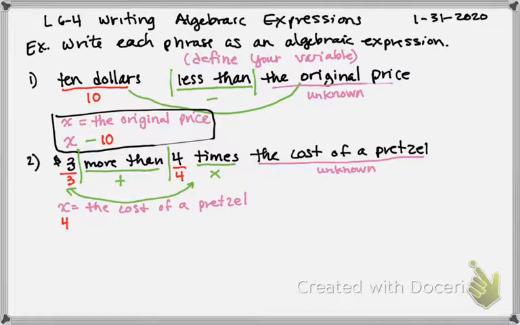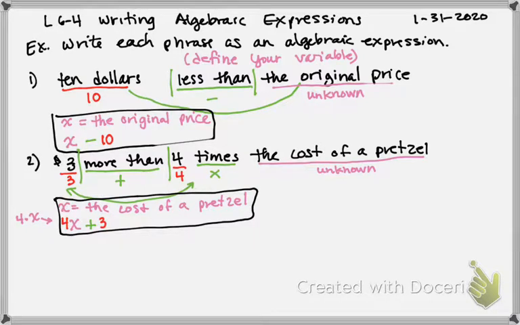When I multiply a number and a variable, I just smush that variable right next to the number. So instead of a multiplication symbol after the 4 and before the x, I just write 4x. That means 4 times x. Then we have the more than sign, and then we have the 3. That's our answer.